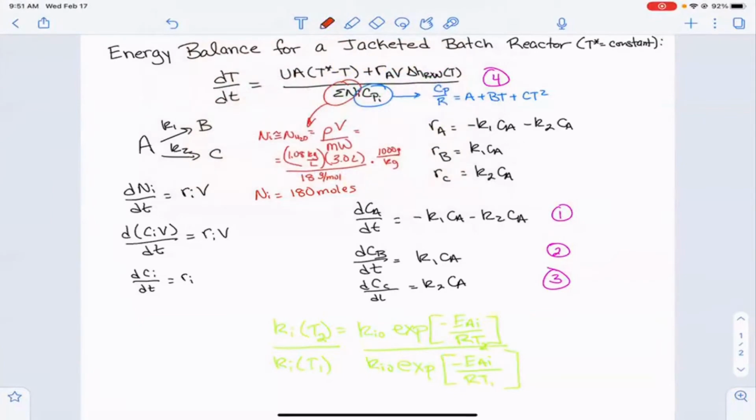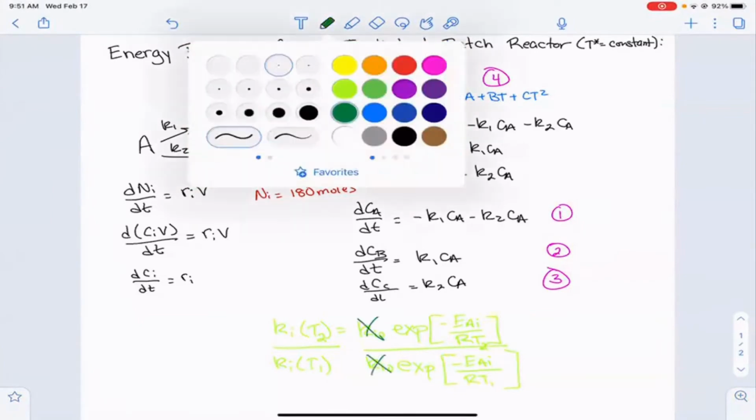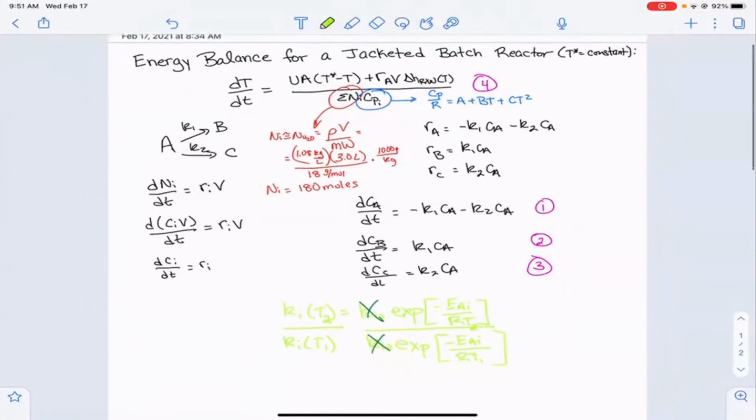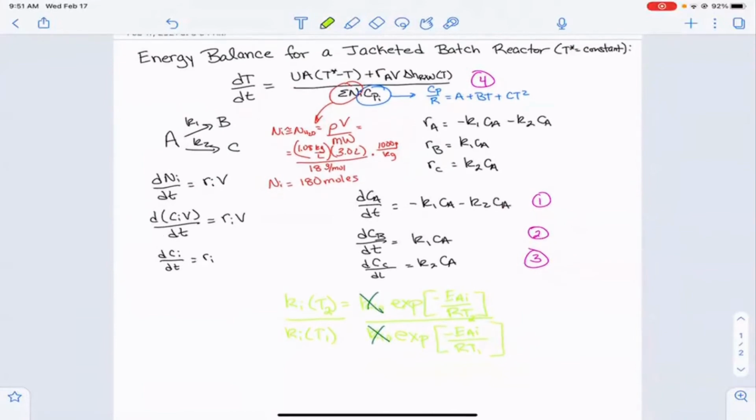And in that case, the pre-exponential factor goes away, and we're left with an expression for either of the reaction rate constants at another temperature is equal to that reaction rate constant at the temperature we know, which in this case is 250 degrees C, times the exponent of Ea over R times 1 over T1 minus 1 over T2. Okay.